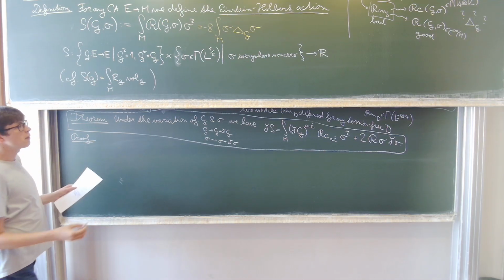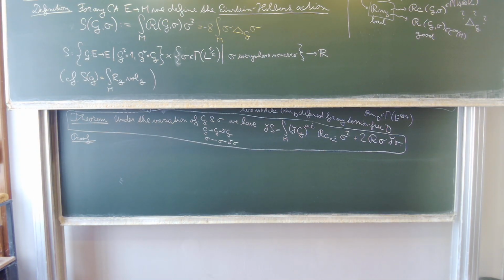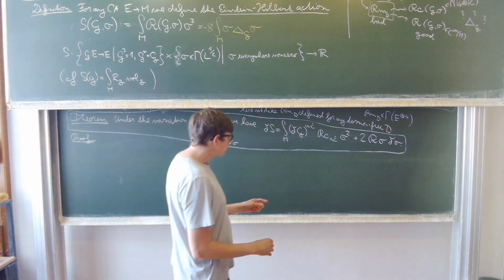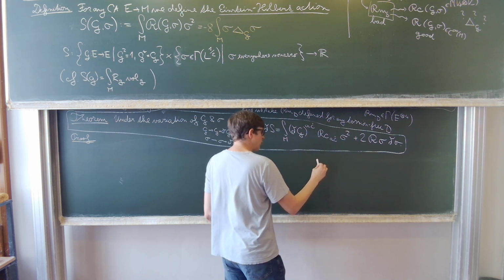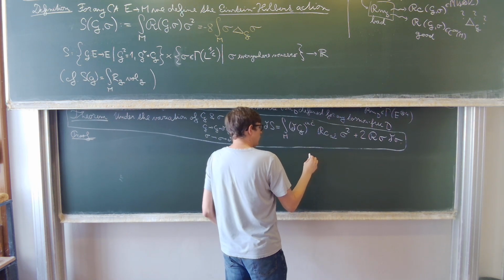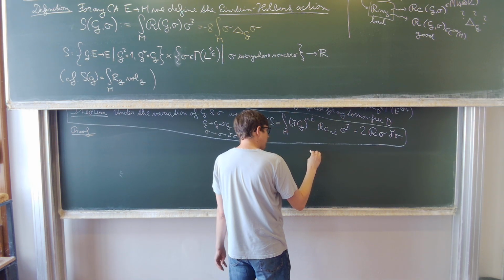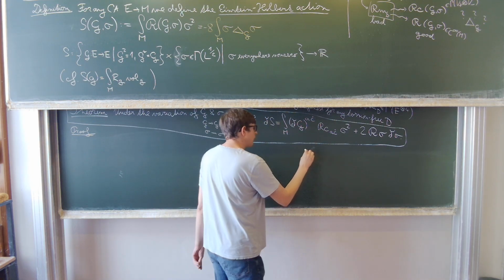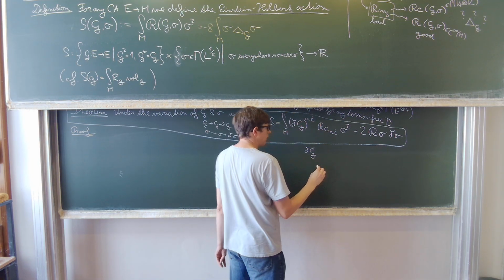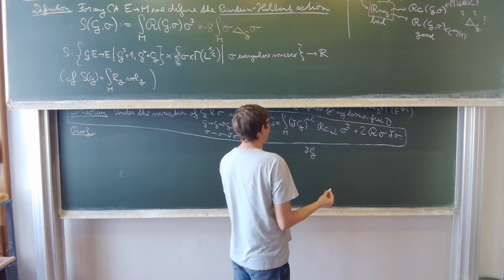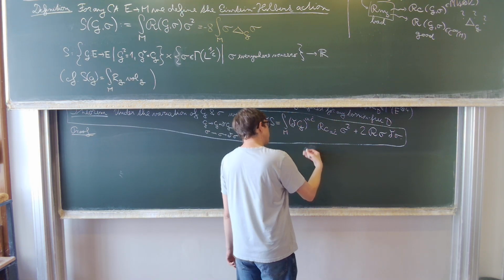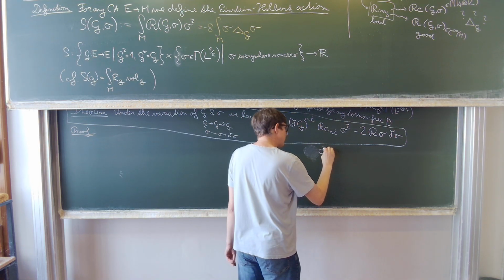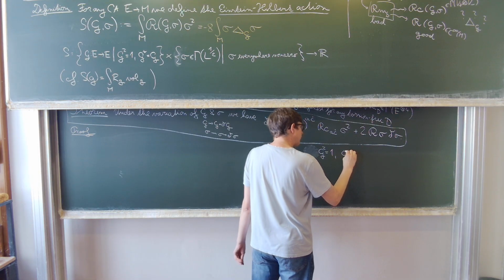Or maybe before the proof, let me elaborate on what I just said. Remember, there's this claim about delta G. Suppose that I have a generalized metric. A generalized metric is an endomorphism satisfying these two properties.